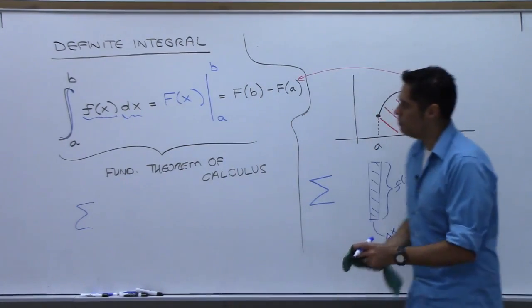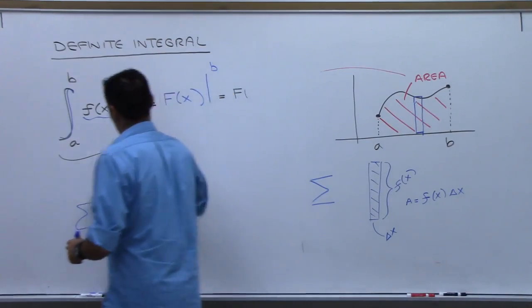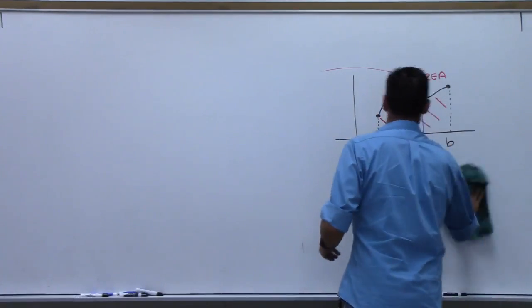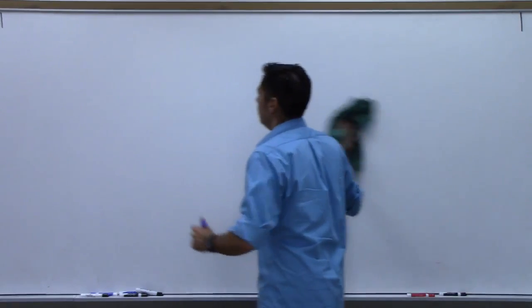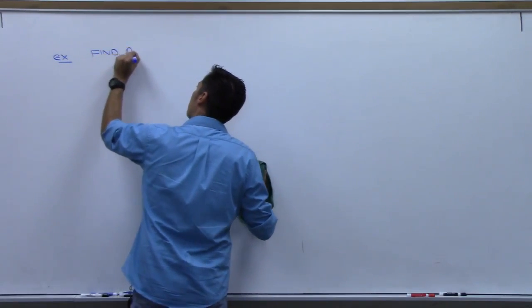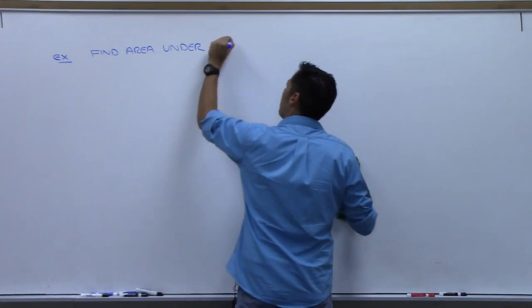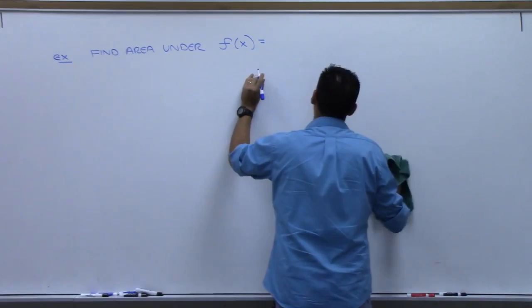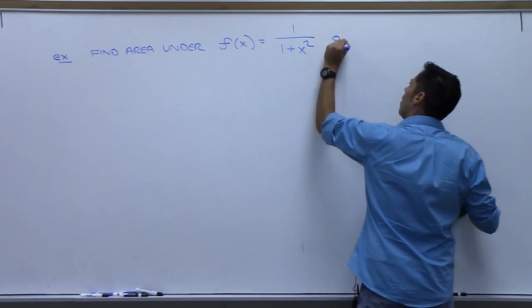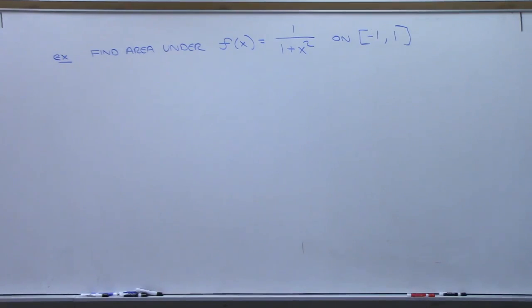With me? All right. So let's do an example. As an example, let's find the area under f of x equals 1 over 1 plus x squared on the interval -1, 1.